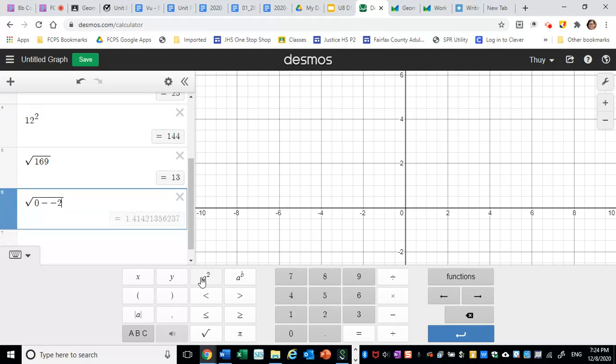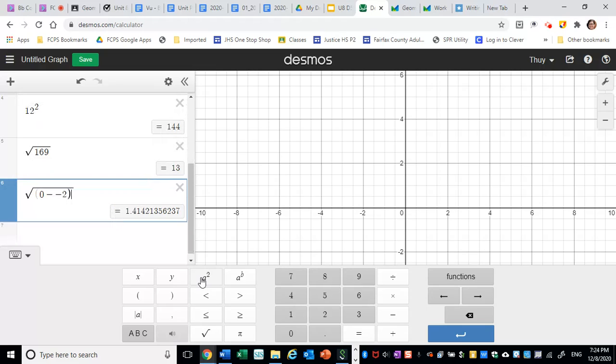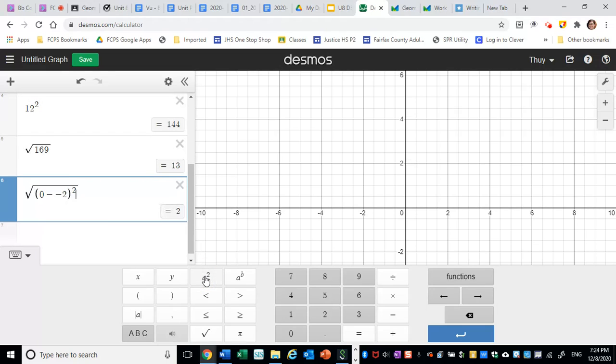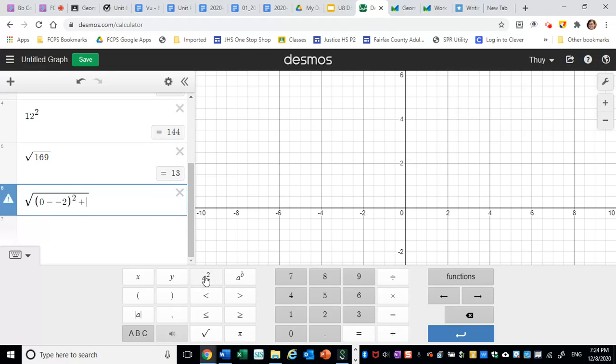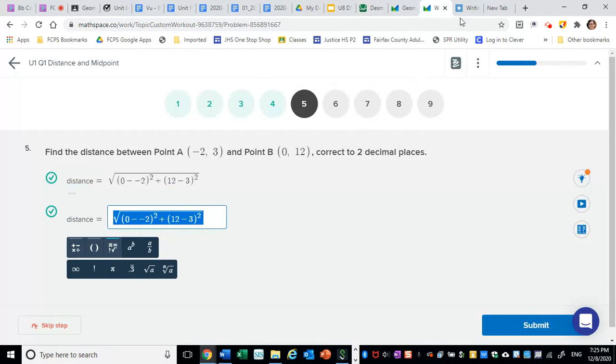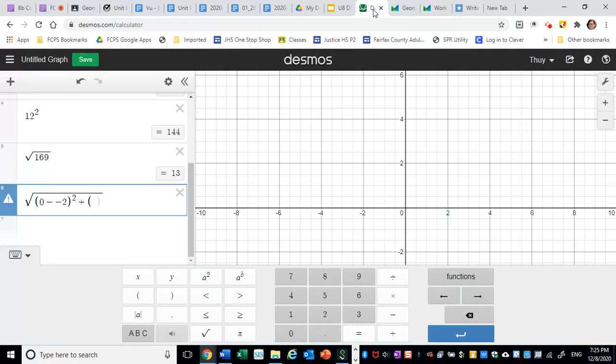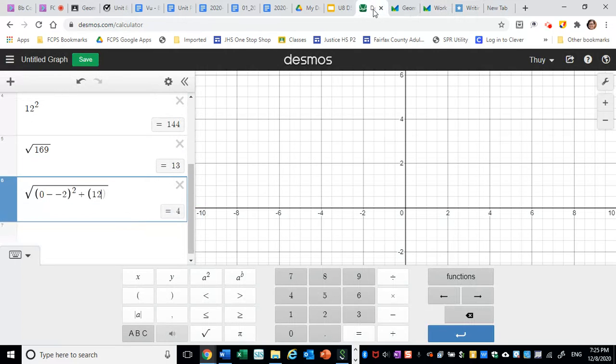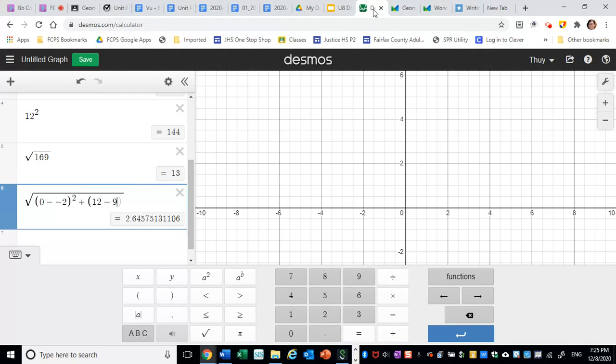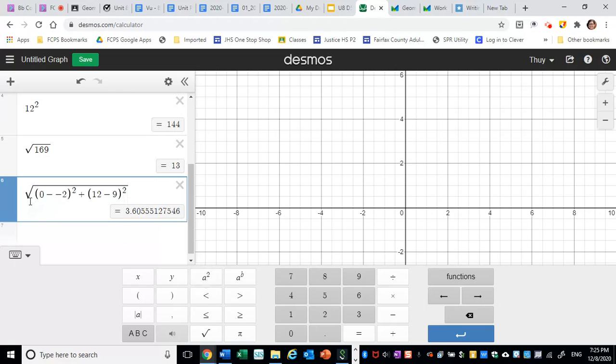Okay, and then you use this to put in the calculator, okay? So 0 minus negative 2 is 2 here, and then 9, right? 2 and 9. So the square root is right here, and you put 0 minus negative 2, right? And then square, right? And then plus, then open parenthesis, and we have 12 minus 9, right? So I put in 12 minus 9, and then square up, right? So you got here 3.60, right?